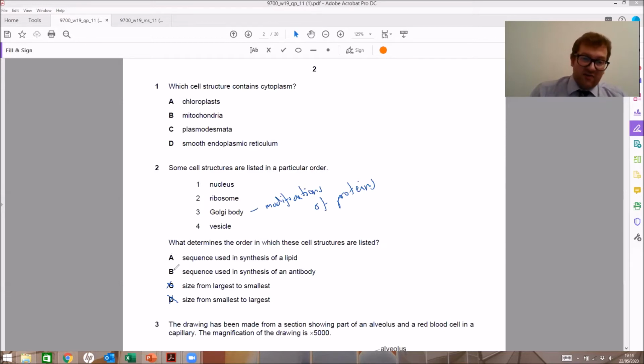So the Golgi apparatus is most likely involved in the synthesizing of this antibody, and then it will create a Golgi vesicle, which would then fuse with the membrane and release it into the extracellular environment. Synthesizing of a lipid involves a smooth endoplasmic reticulum, which is not an option here. So the only option available is option B.